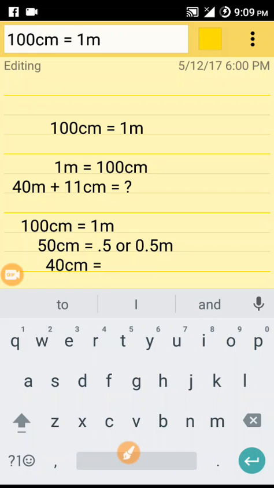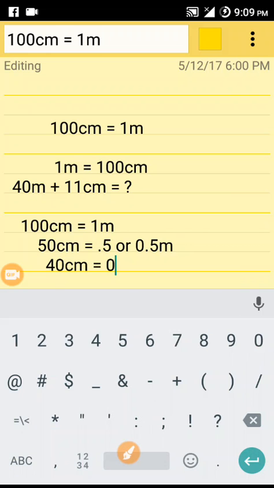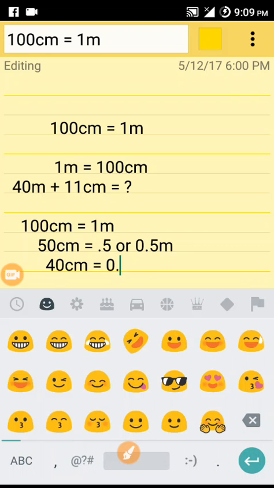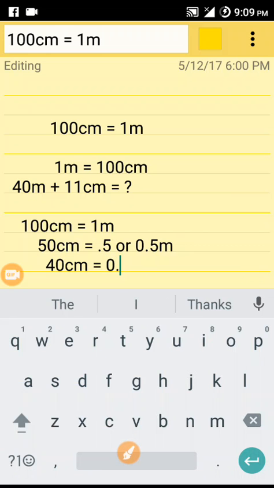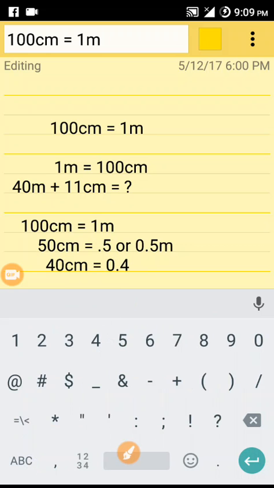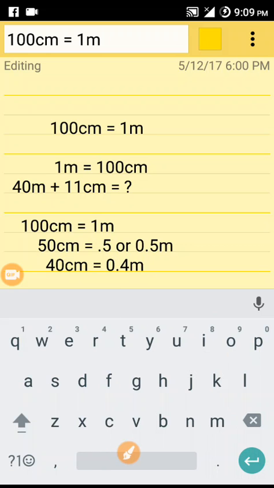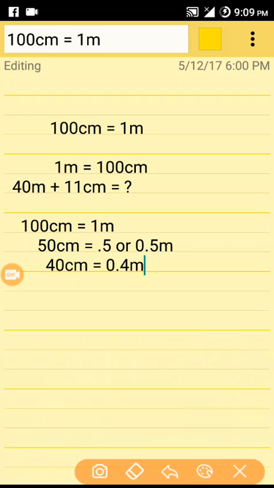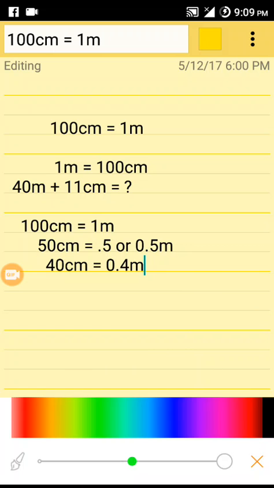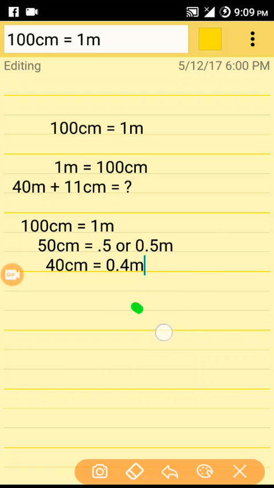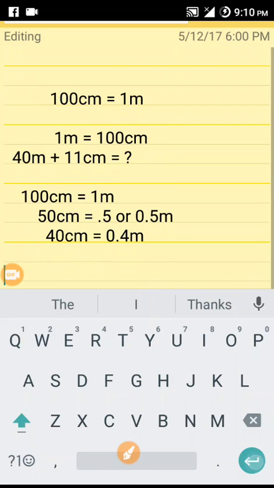It's going to give us 0.4 meters. If you had it, then you're correct. You're correct.